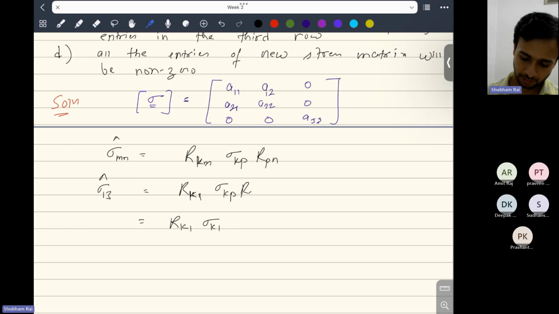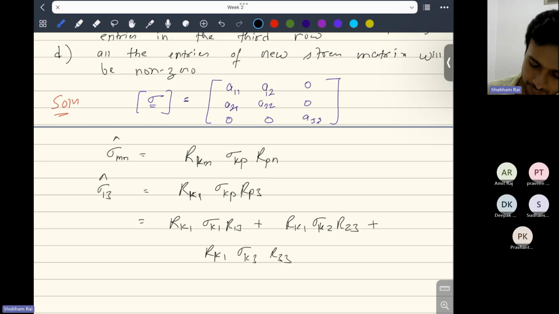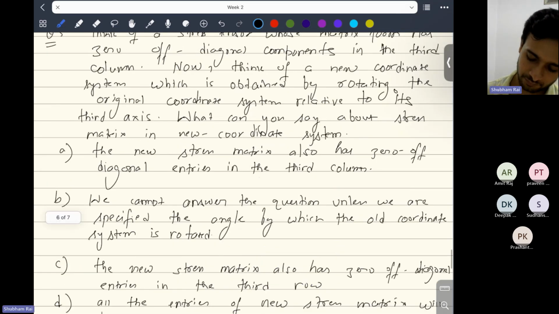Because if you compare, m is 1, n is 3. So this will be R_p3. Okay. So this will be R13 plus R_k1 sigma_k2 R23 plus R_k1 sigma_k3 R33, right? And what will be the form of R?